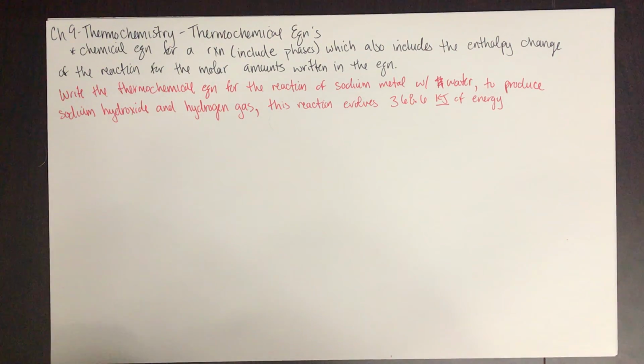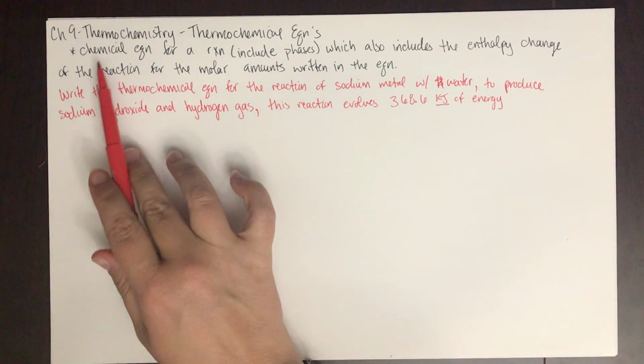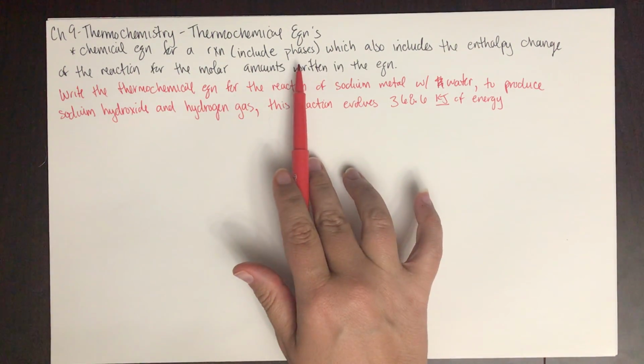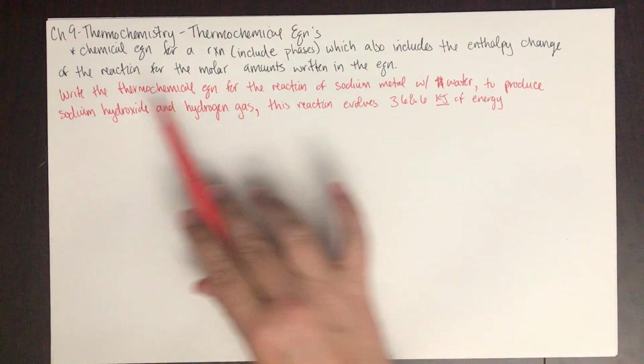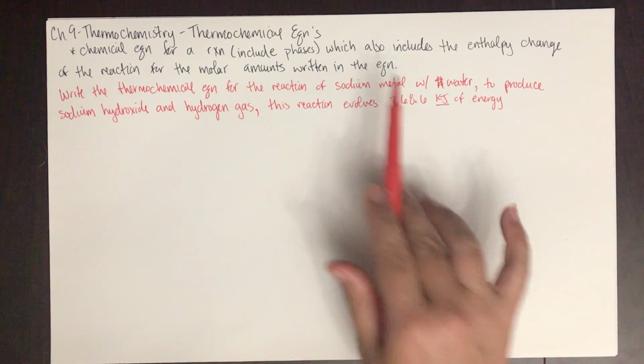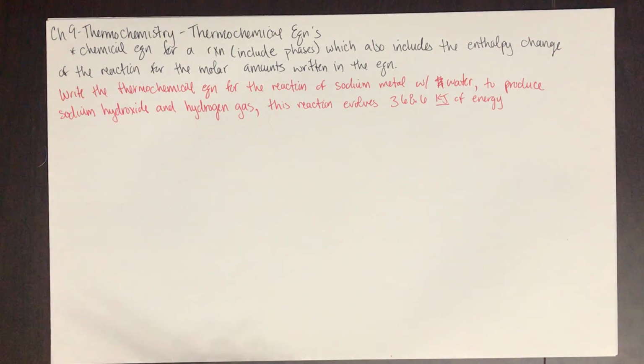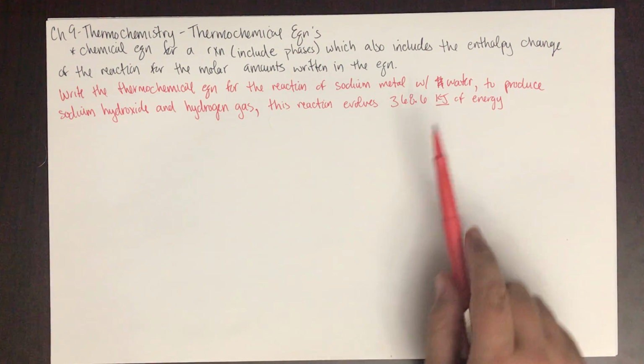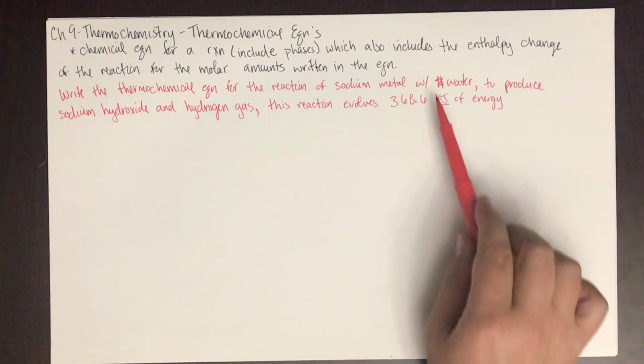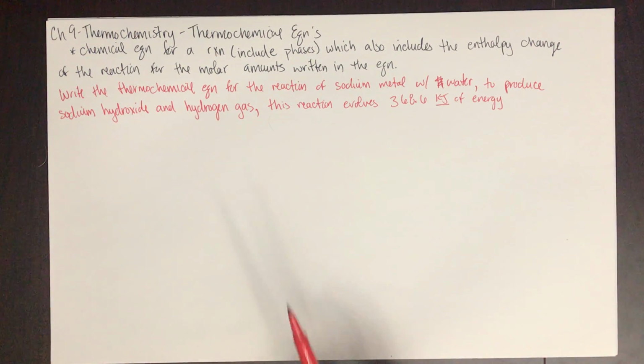So we're going to write this thermochemical equation. A thermochemical equation is a chemical equation including phases, which also includes the enthalpy change of the reaction for the molar amounts written in the equation. So first we need to write the equation, we need to balance it, and then we need to write what the enthalpy change is.